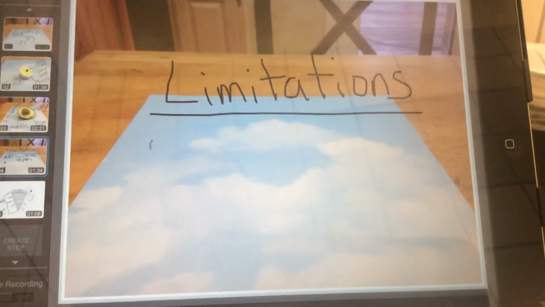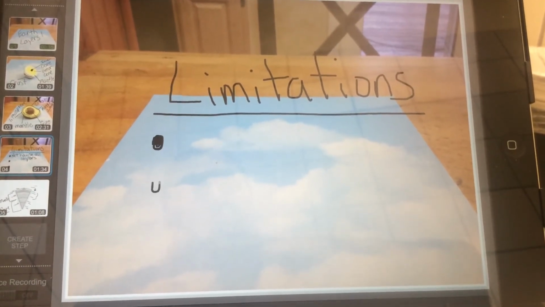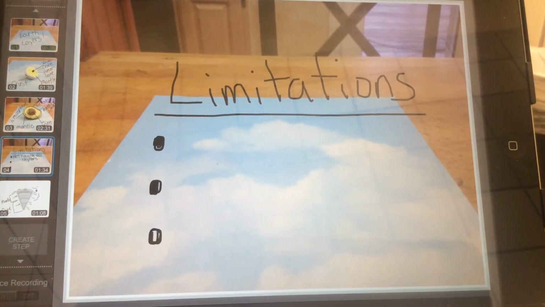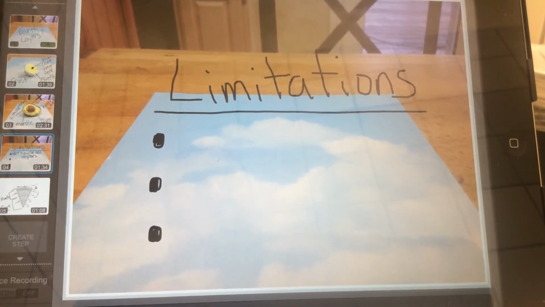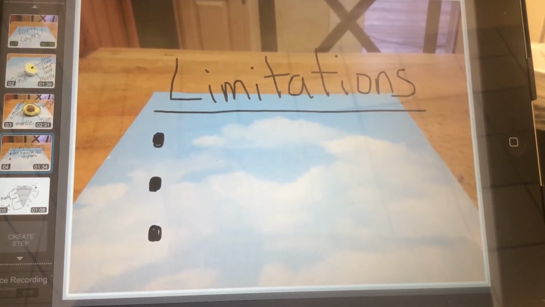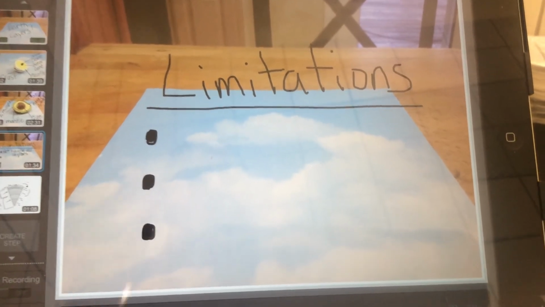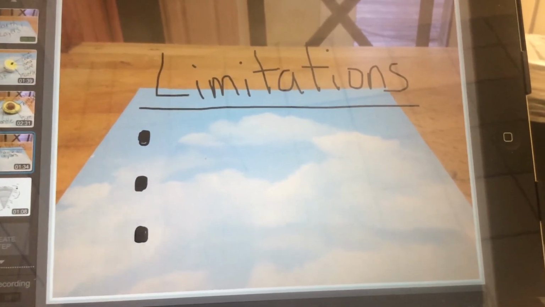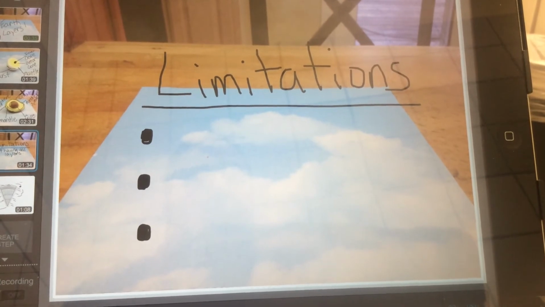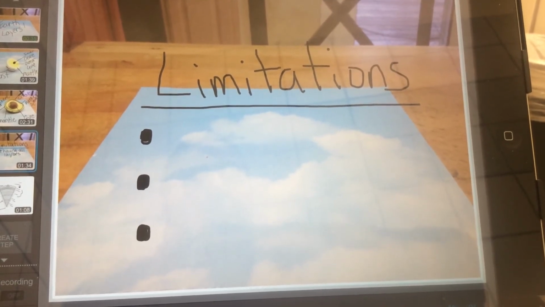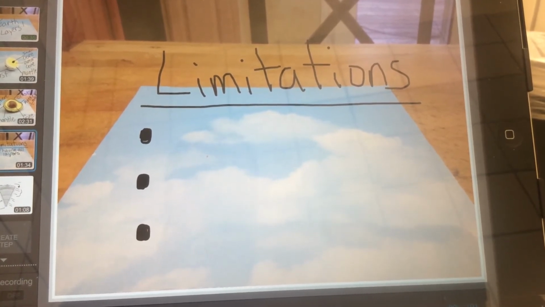So I want you to talk to your table, talk to your partners, and I want you to come up with, well, you're going to come up with two actually, because we're going to discuss one right now. So a limitation is something that limits you from learning the exact information about the exact object that you're looking at. And so, of course, we're using food, and the earth is not food.